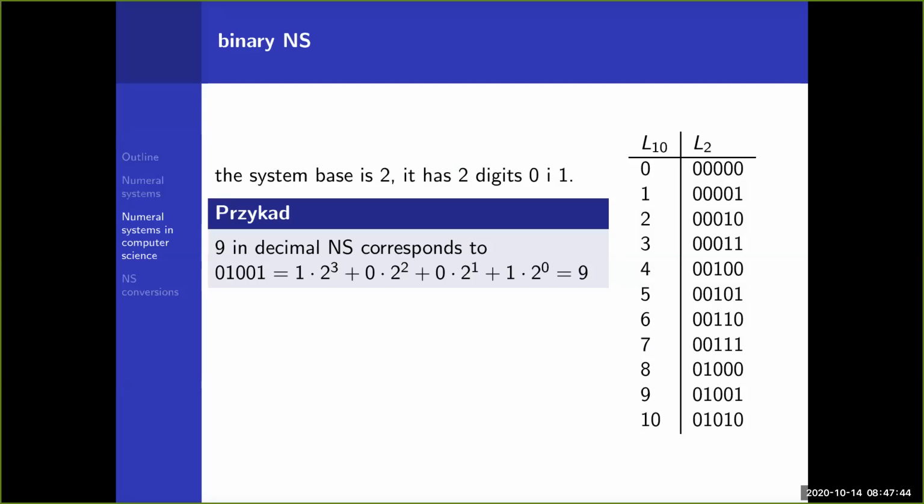Now I'd like to tell you about two numeral systems, binary and hexadecimal, which are very commonly used in computer science and in digital devices.